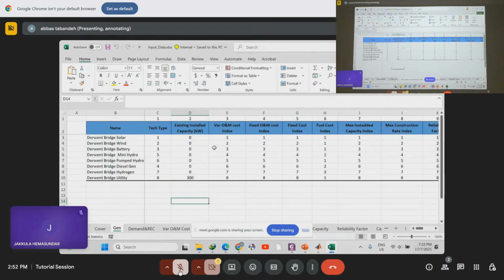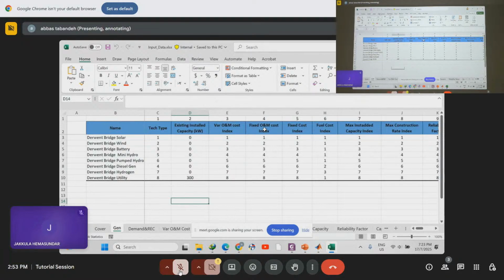Another input parameter that we need to consider in our objective function, because we want to minimize the operational costs and the capital costs. One is variable operation and maintenance costs for each technology. Again, we will give them some index because we want to use them.